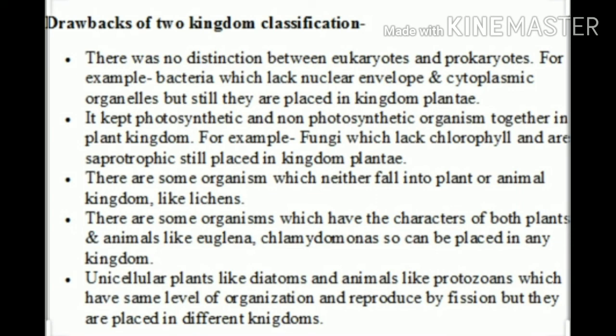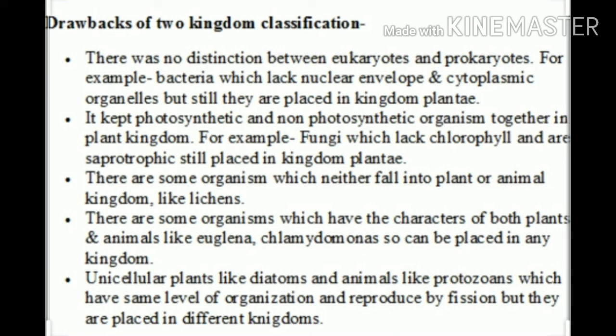We've already discussed what prokaryotes and eukaryotes are. Eukaryotes are organisms which have a definite nucleus, and prokaryotes are organisms which do not have a definite nucleus. So, in this classification, both prokaryotes and eukaryotes were placed together.